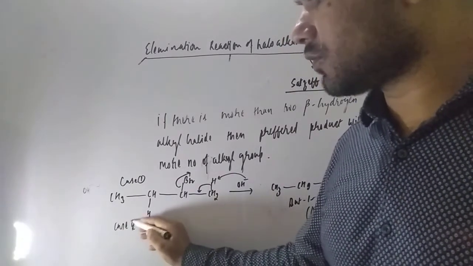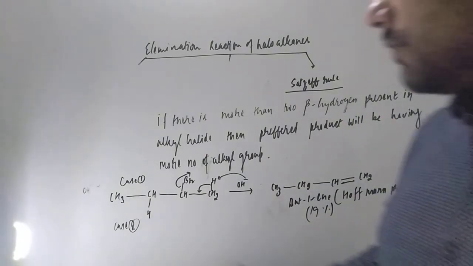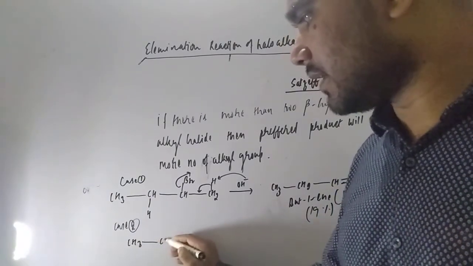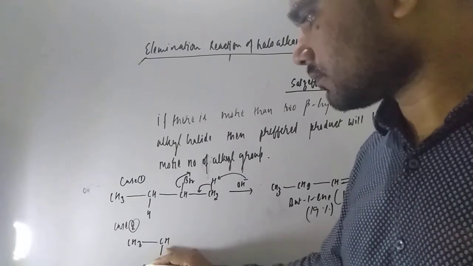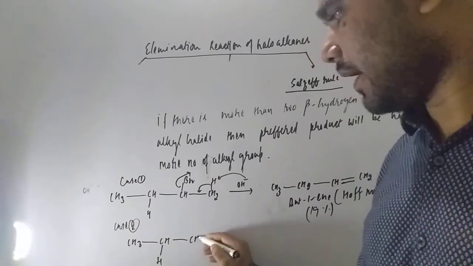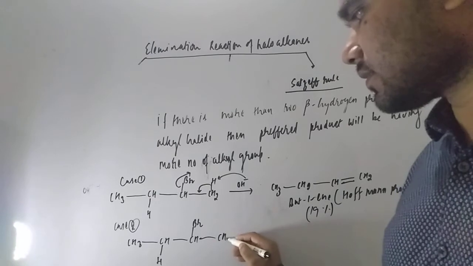Case 2 for the Saytzeff rule. Dear students, for the same compound I am writing CH3, and that will be CH, suppose this hydrogen is here, and here is CH2, and Br is as it is, and here is CH3.